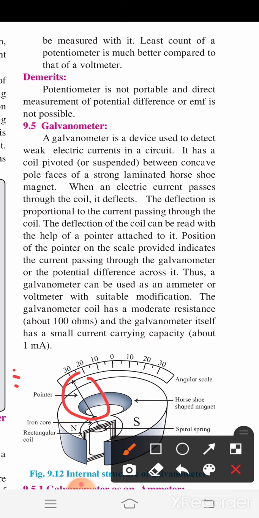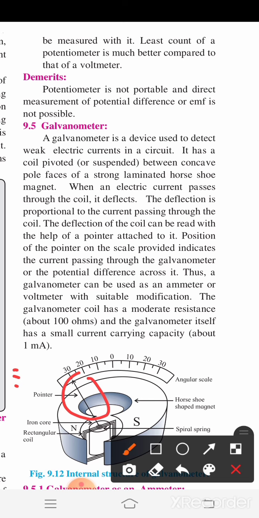If we make some modification in this instrument, it is used as an ammeter to measure the electric current in the circuit, and as a voltmeter to measure the potential difference.